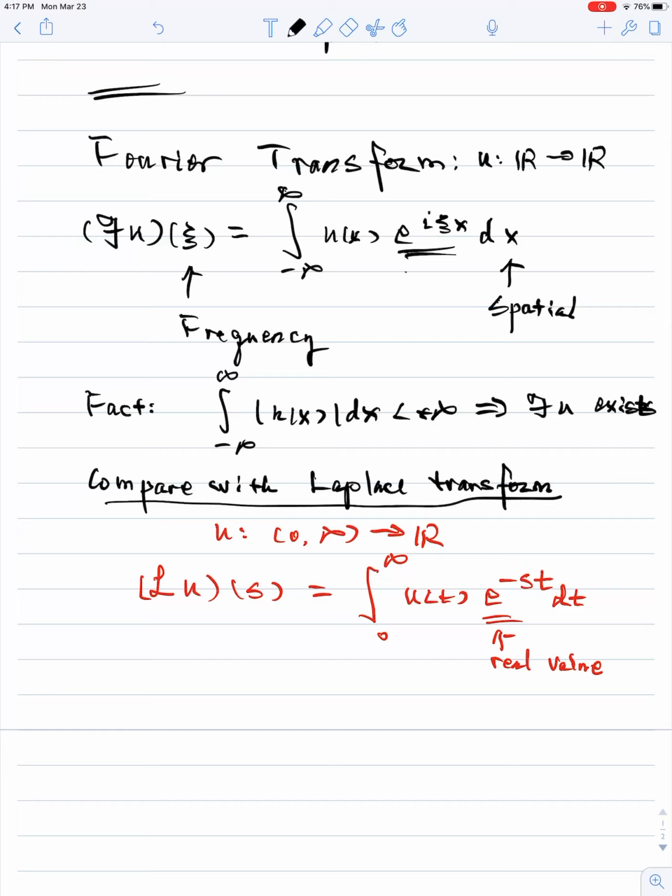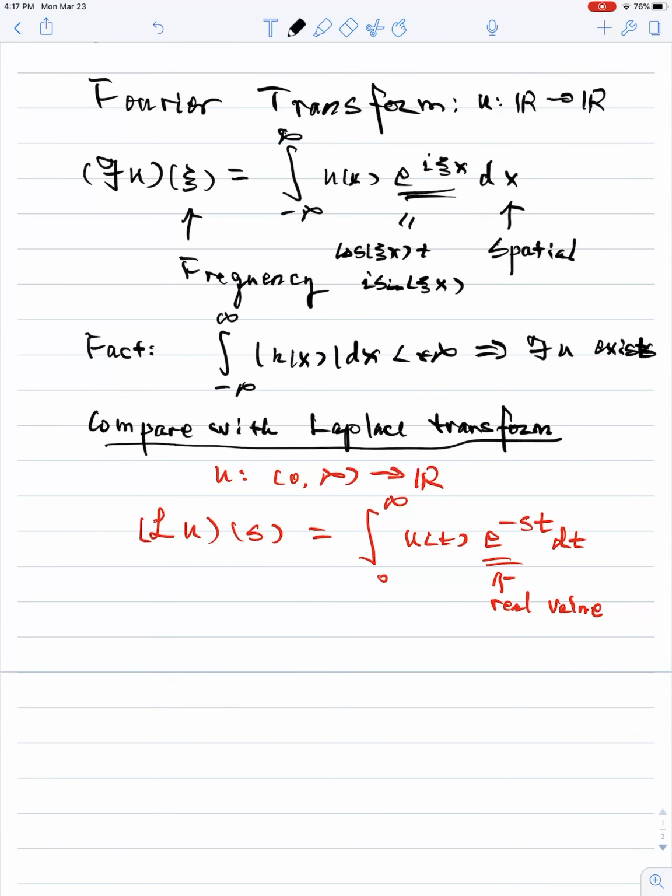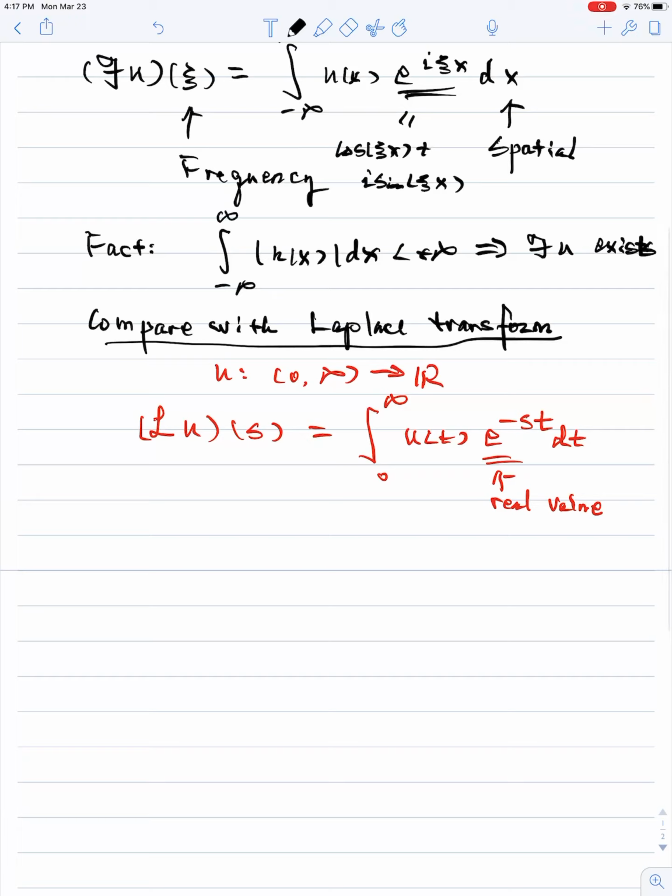You may recall that this equals cosine(ξx) plus i sine(ξx).